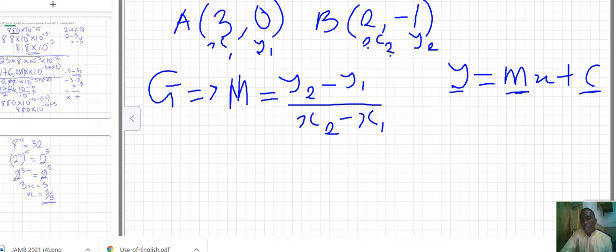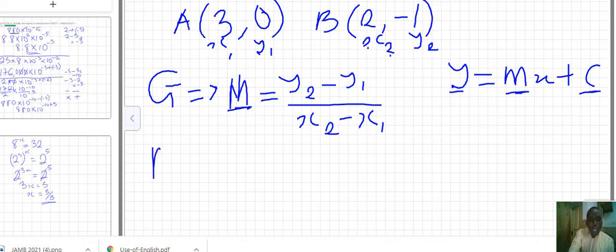If we look at this equation, you can see that we have our y2, y1, x2, and x1. This is a constant equation you can use to look for the gradient, which is m.